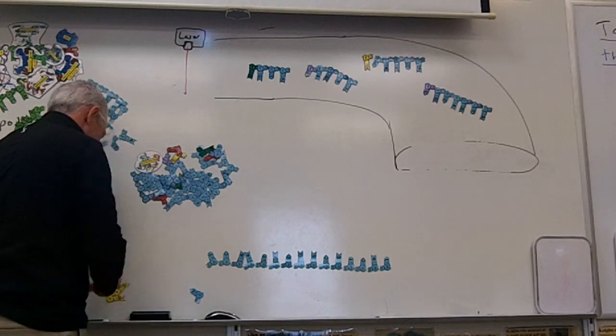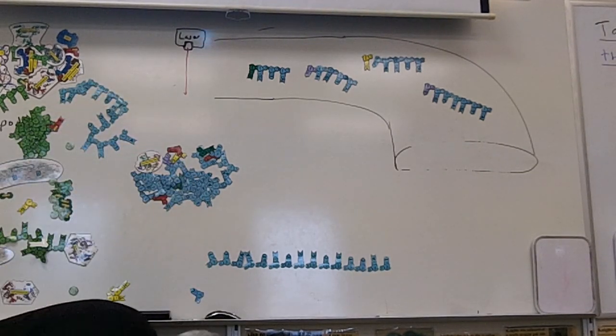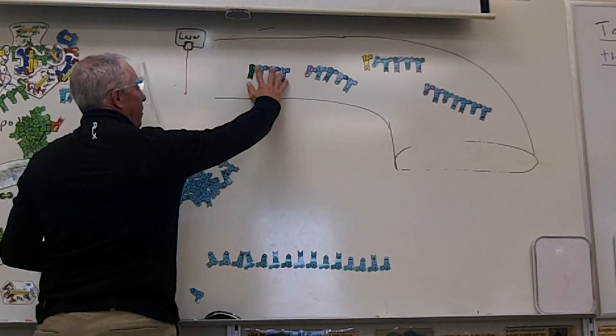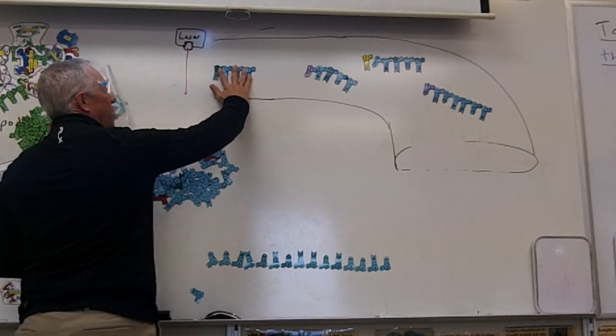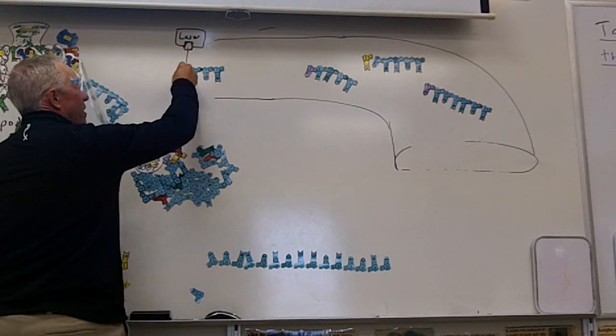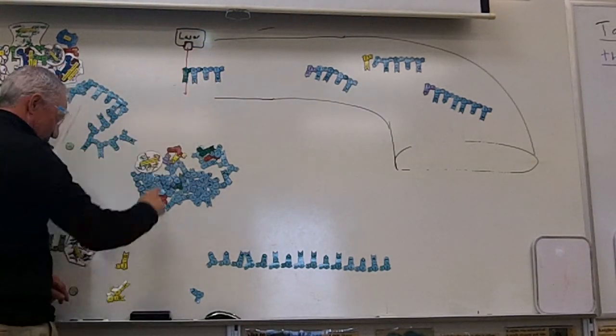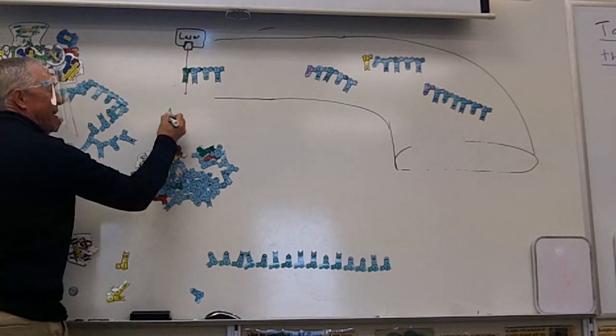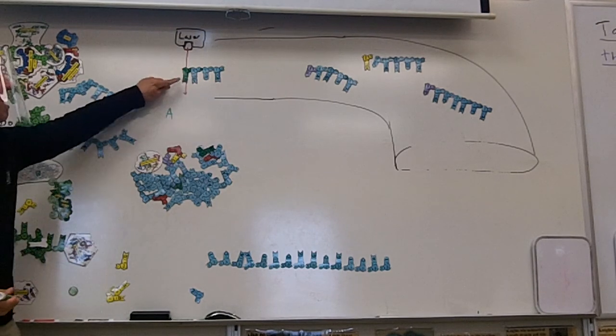Dang it, that thing keeps falling. And so, as this thing's coming through, and it passes the laser beam, it will glow green. And green means A. So A comes first.